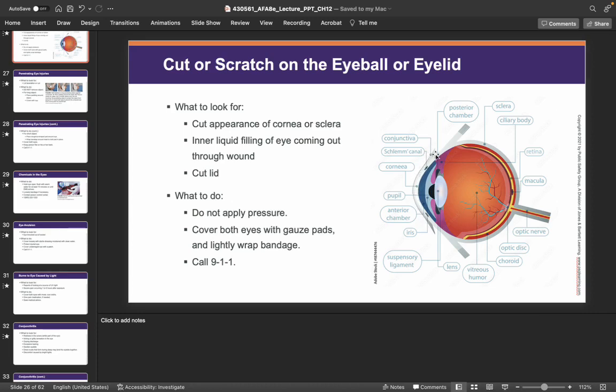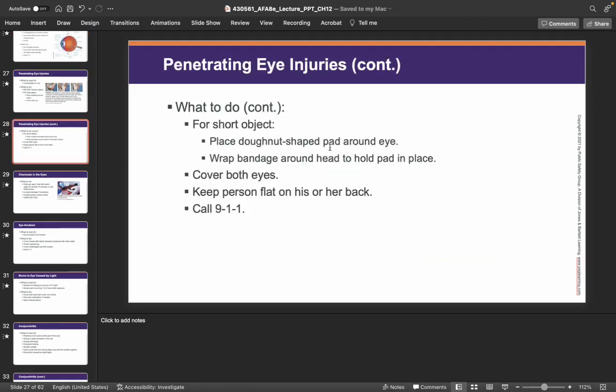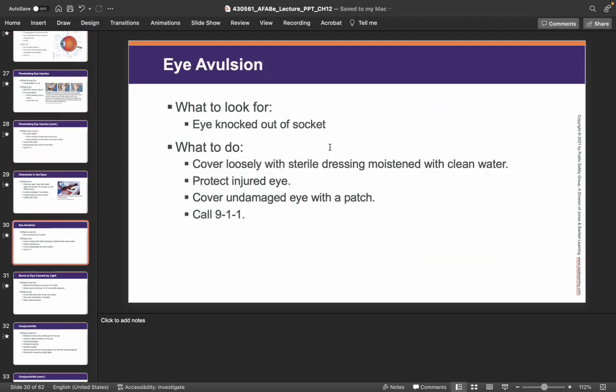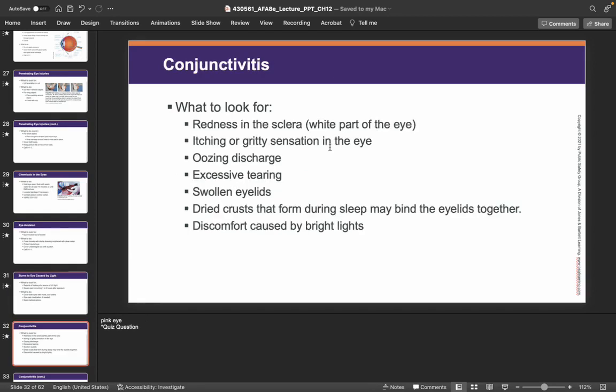Okay. So, the conjunctiva, if you get swelling or, inflammation is what I meant to say. Inflammation of that conjunctiva, it is pink eye.